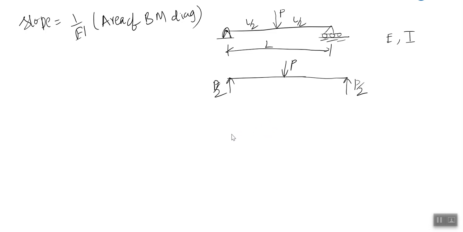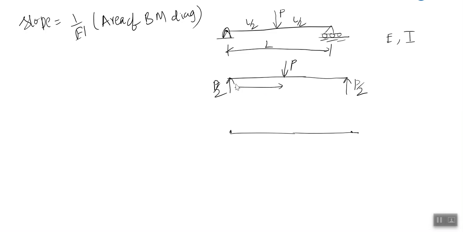Now we can draw the bending moment diagram. This is our reference line where the bending moment is 0. Here the bending moment is 0 at the extreme points, since the loading to distance is 0. But here the bending moment is P by 2 times L by 2.